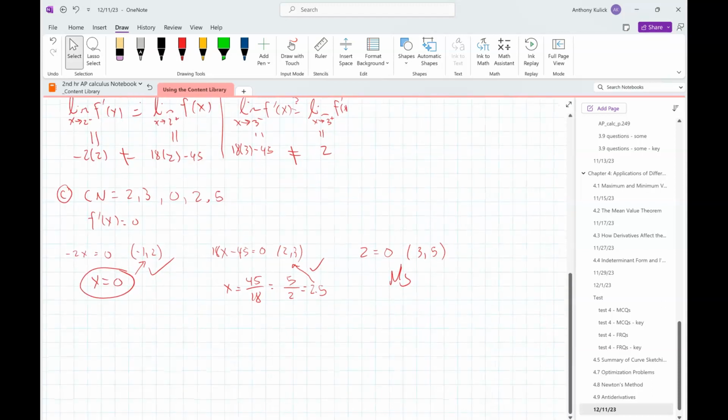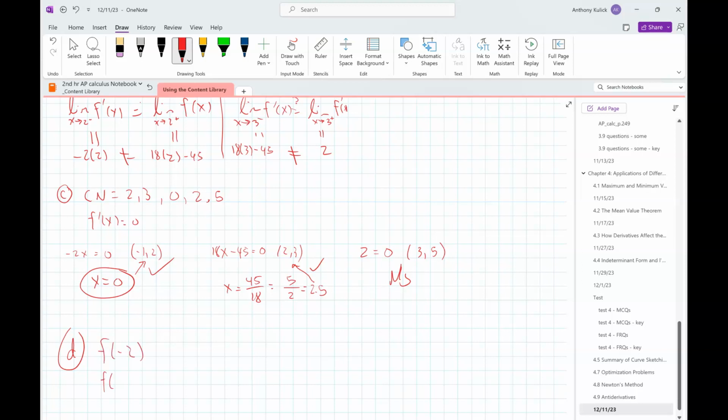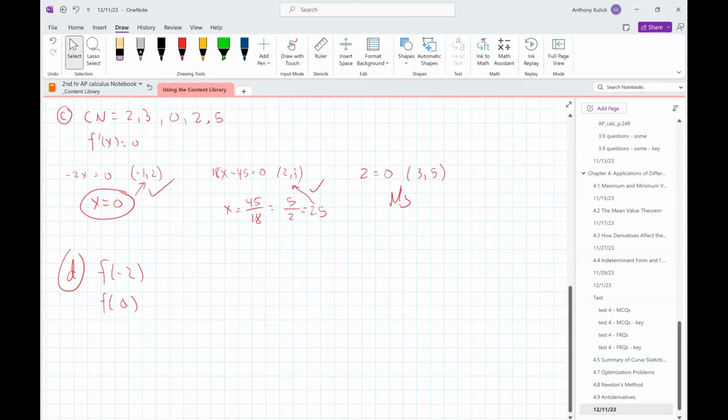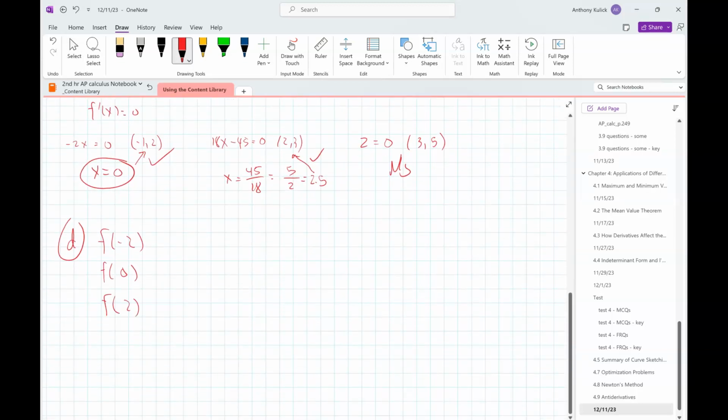All right. And then in part D, we asked you to find all the minimum and maximum values. So that's including absolute mins and maxes as well as the local mins and maxes. So I'm going to do the absolute test, because all that entails is just me plugging in my critical values and the endpoints.